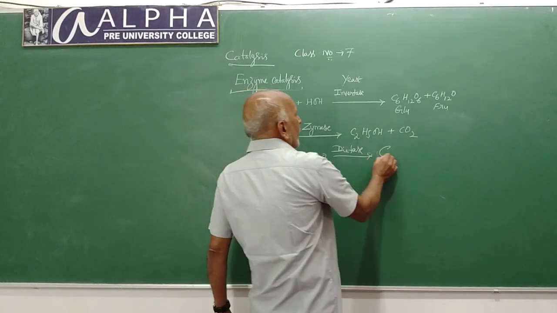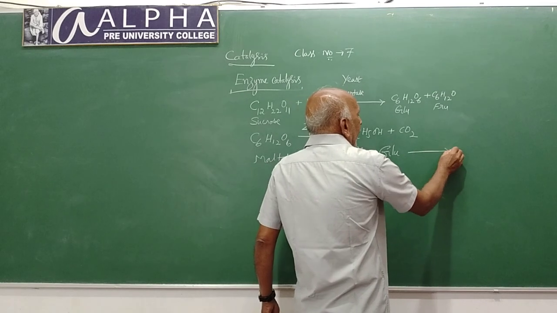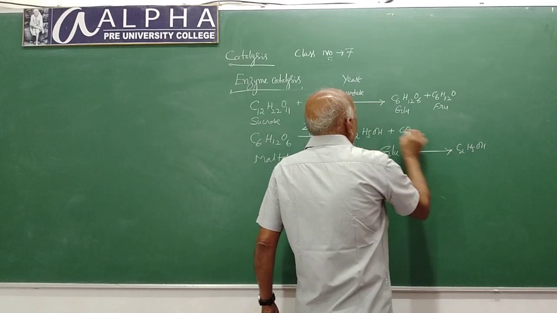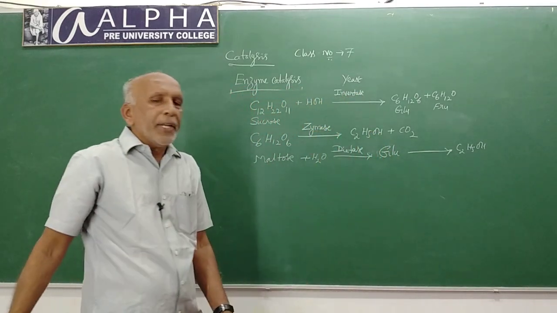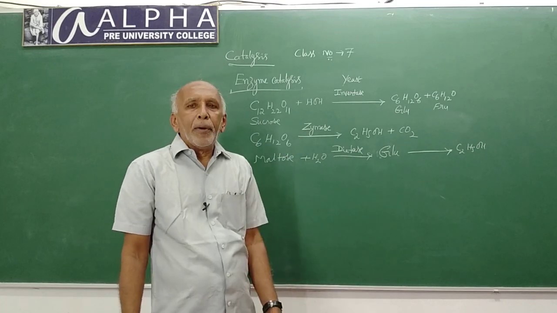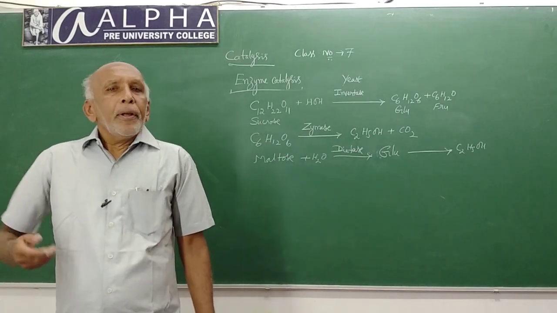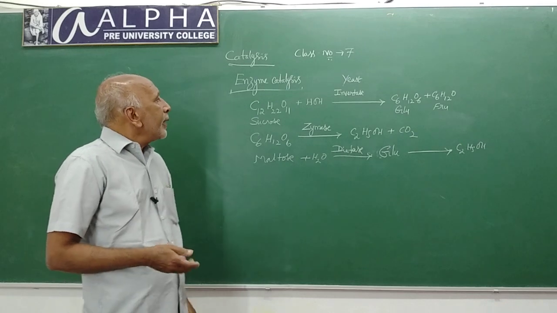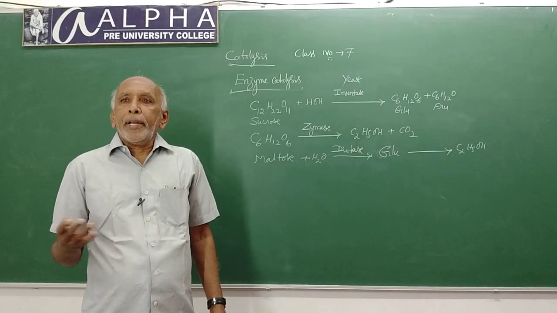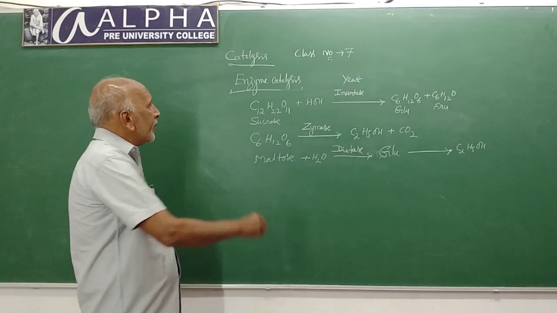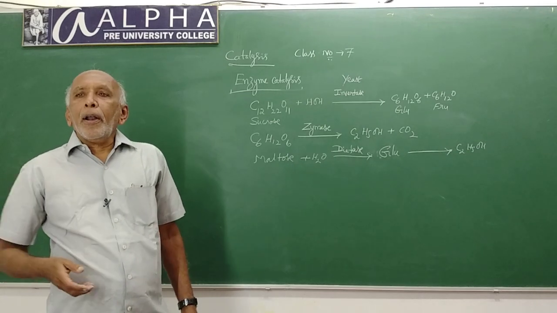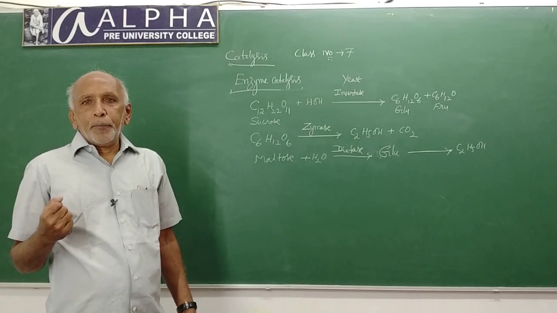Then that glucose is converted into alcohol by the catalyst zymase present in the yeast. So these few examples show that enzymes are highly specific in nature while acting as catalyst.